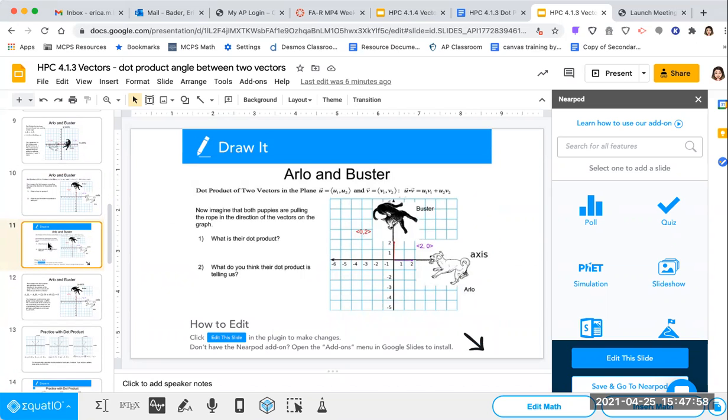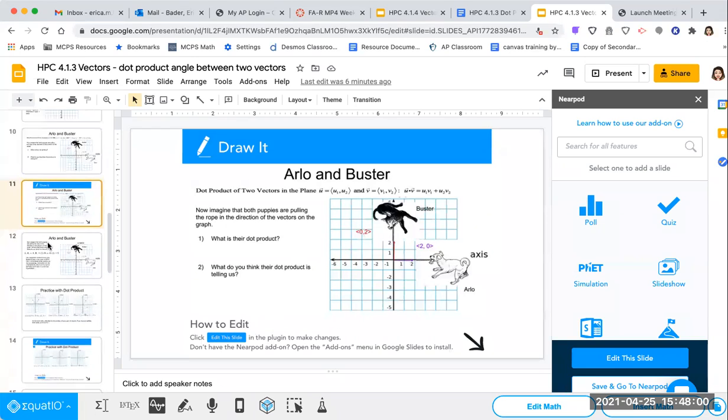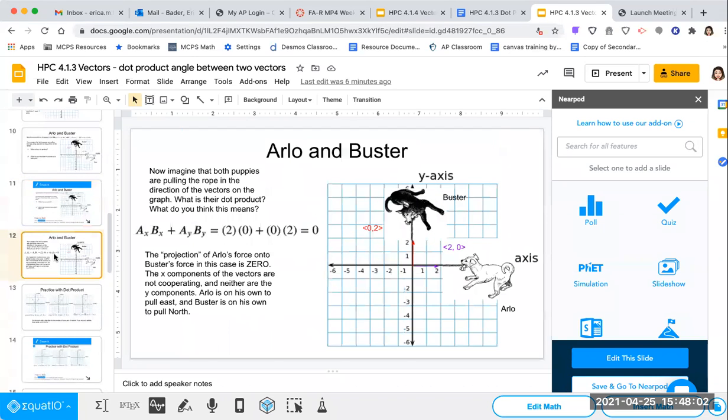Okay, I'm assuming that at this point you have paused the video and tried the problem. And let's review. So Arlo's x component times Buster's x component plus Arlo's y component times Buster's y component. So 2 times 0 plus 0 times 2. So that equals 0. Okay, interesting. So what this means is the projection of Arlo's force onto Buster's force in this case is 0.